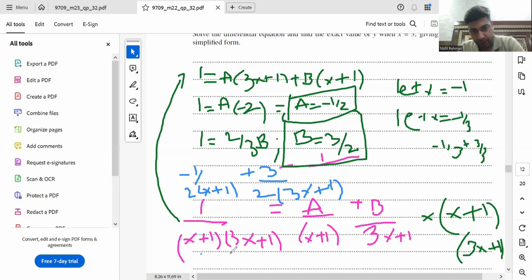So we have transformed this equation into this equation. Now we can integrate it since we only have one denominator and one numerator for each of these two expressions, so we can easily integrate it. I will show you how.